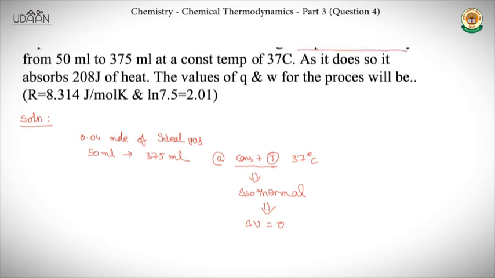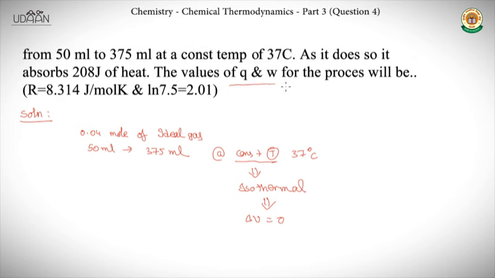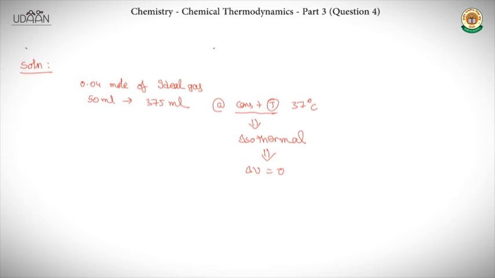What did they ask us to find? Values of Q and W. So from the first law of thermodynamics, what do we know? Delta Q is equal to delta U plus delta W. This is conservation of energy.